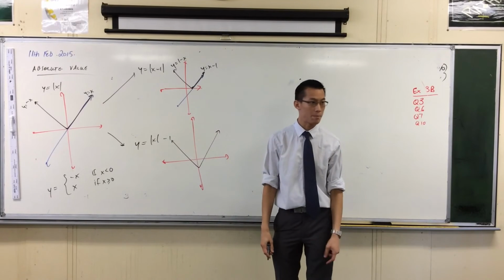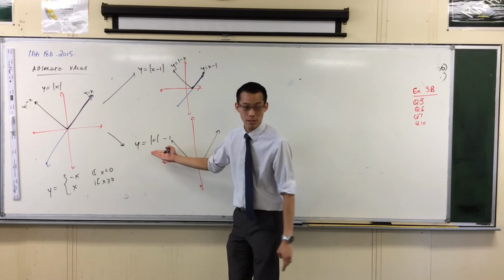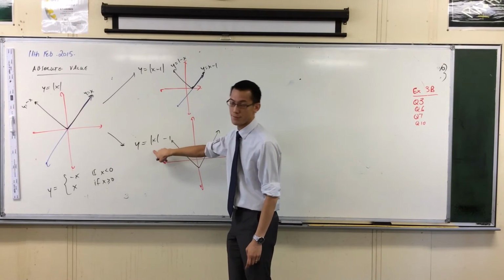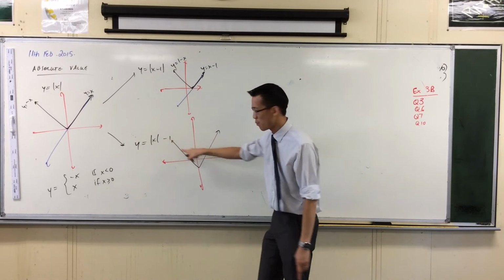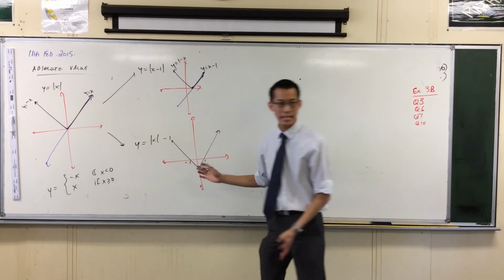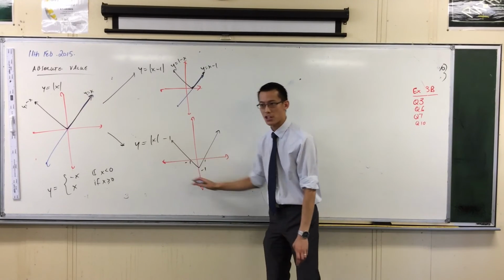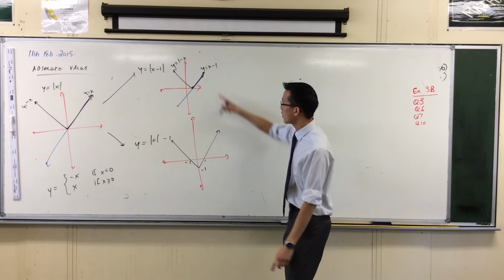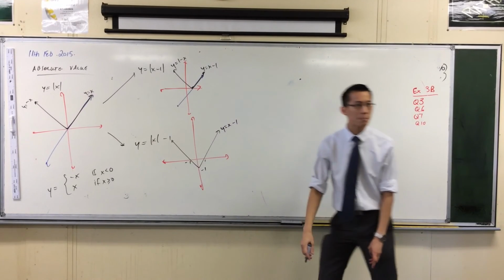There you go. Okay? Because of course, if I actually substitute a value, like say 0 into this, it'll become y equals the absolute value of 0, which is still 0, and then you take away 1. So it's an absolute value graph, but it does have negative components to it. Okay? Now again, I can write out the equations of these two lines. It's going to match this for that part, right?